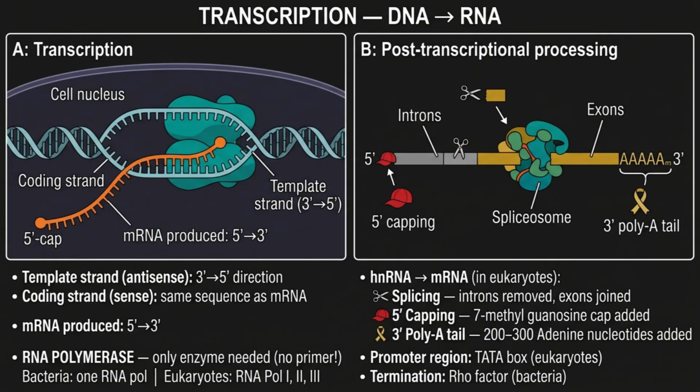This processing involves 3 steps: splicing, cutting out the introns and joining the exons; 5' capping, adding a modified guanosine cap; and 3' polyadenylation, adding around 200 to 300 adenine nucleotides as a poly-A tail. These modifications protect the mRNA and help in its export from the nucleus.